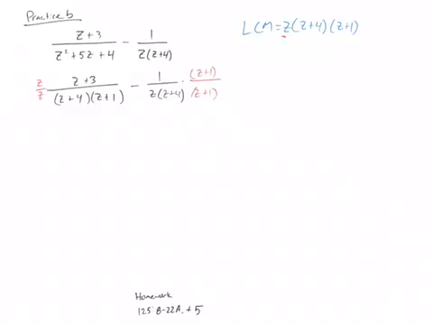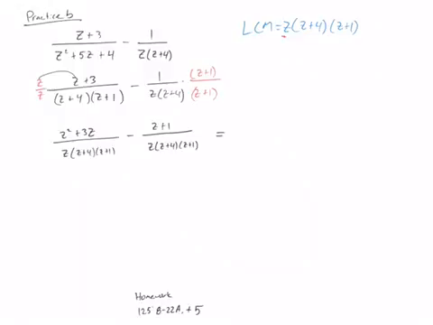Multiplying all that in, my denominator is going to be z times z plus 4 times z plus 1, minus, same thing over here, z times z plus 4 times z plus 1. My numerator on the left is going to be z squared plus 3z. Then on the right I have z plus 1.